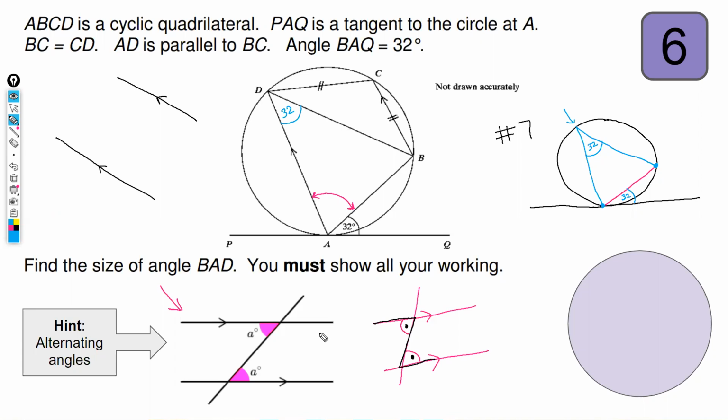Now I want you to focus on this rule here, the alternating angles. Look for two parallel lines and look for a Z angle, alternating angles. If you look over here, here's a parallel line and here's a parallel line. And of course, there's a line connecting the parallel lines. So I kind of drew it here.